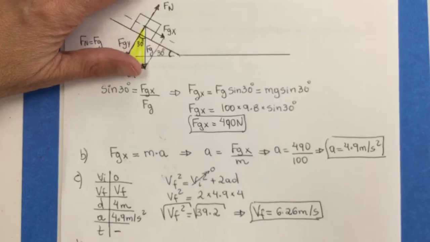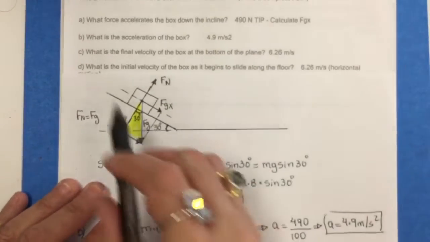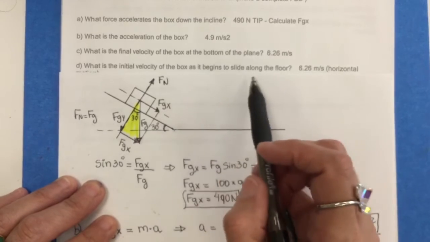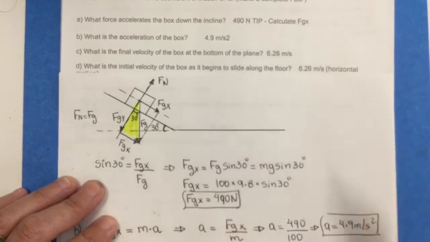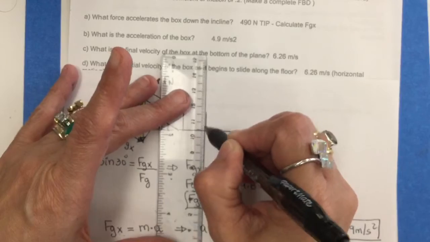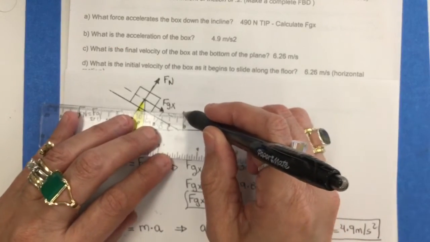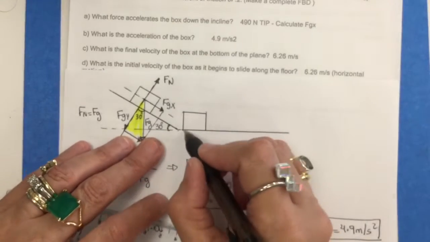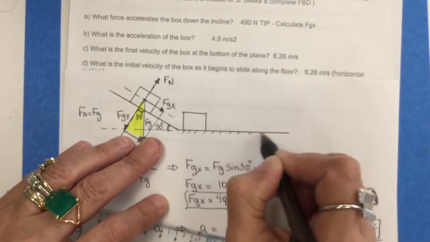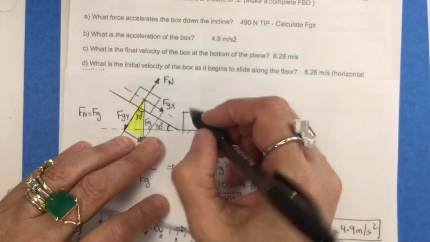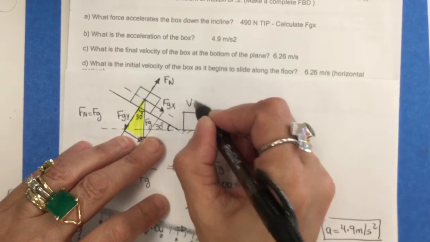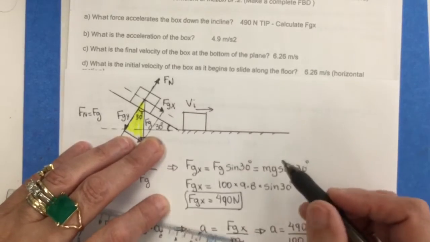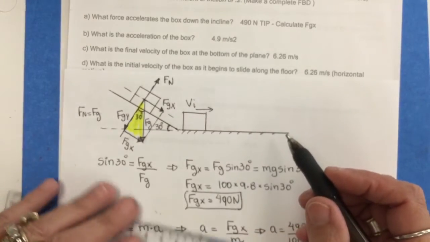Letter D is asking what is the initial velocity of the box as it begins to slide along the floor. The box is going to be right here now. It's coming down from the ramp. Now it's right here on the flat surface. So what is the initial velocity of this box as it starts to slide on this flat surface?